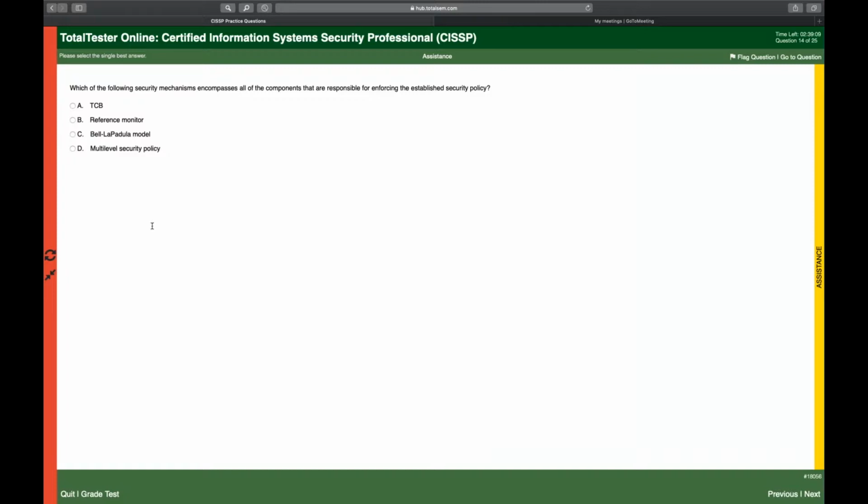Yeah, I'll go for Alpha. That's the trusted computing base, I think. Yep. The trusted computing base implements the reference monitor concept. So if you think of the reference monitor as a table that says what objects subjects have access to, the trusted computing base would actually implement those authorizations.